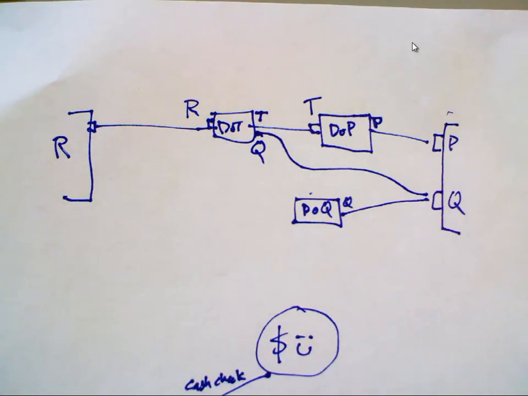Let me talk a little bit about what this picture actually means. When we say that do T is responsible for achieving Q, this line here is called a causal link. So we're saying this do T action causes Q to be true. It achieves Q. And this line represents a commitment by the planner to not delete Q between the end of this action and the beginning of this one.